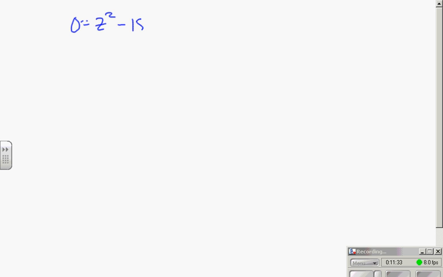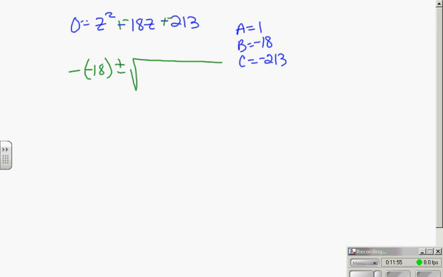Now I'm going to apply my quadratic formula. So I'm going to go ahead and give myself a clean sheet to work this because I'm out of room. And so I have 0 is equal to z squared minus 18z minus 213. So A is 1, B is negative 18, and C is negative 213.